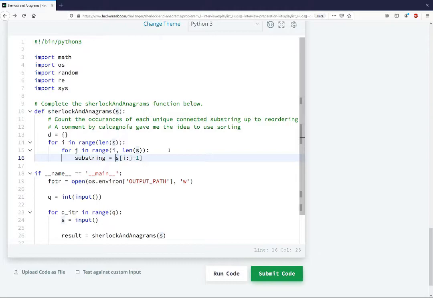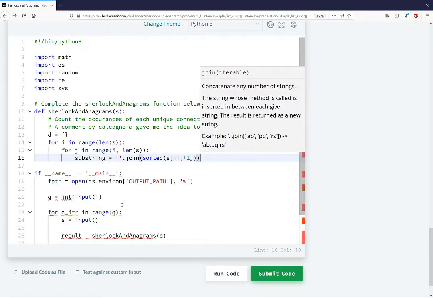This is another thing that I didn't know before I did this problem, so I needed to look at the discussion and see this comment in order to not only think to use sorting, but to see what tools Python gives you to sort things. So we want to join sorted S.